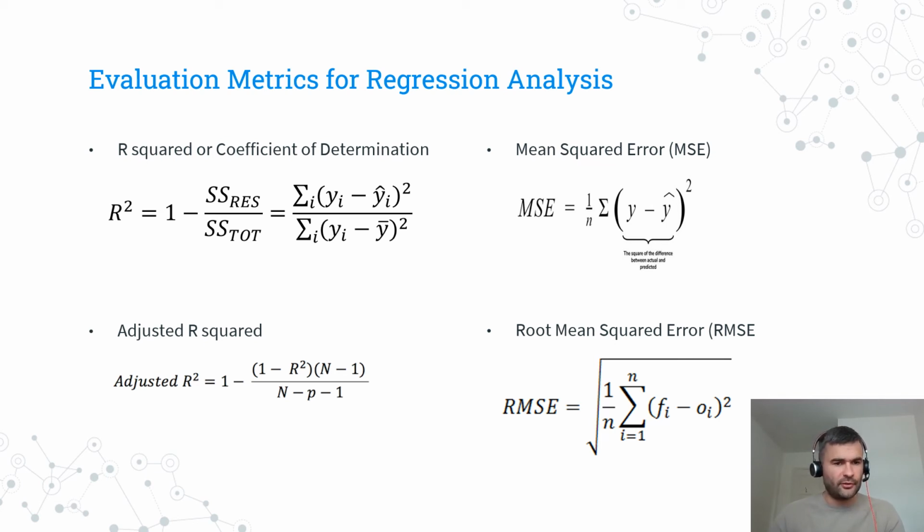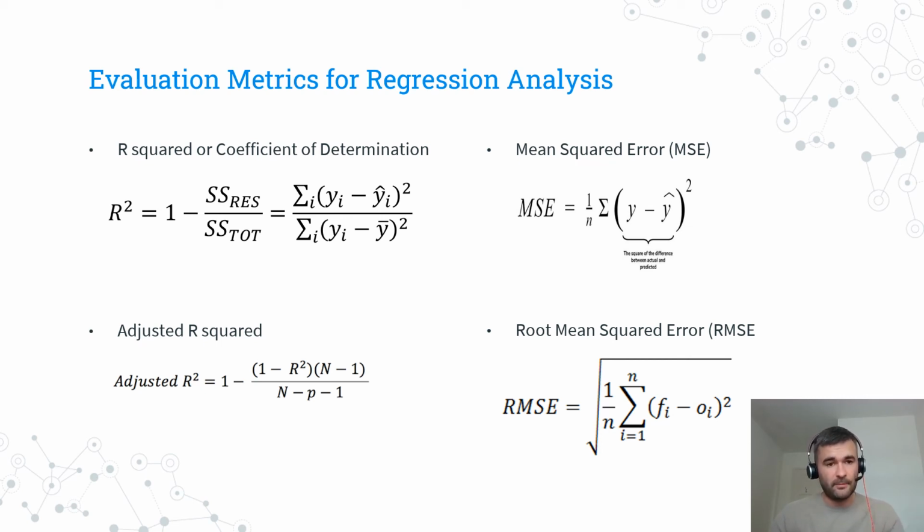You'll notice in the formula there is an SSRES over SSTOT. That is the residual sum of squares over the total sum of squares, which relates to the error value, which was mentioned earlier in this particular video.